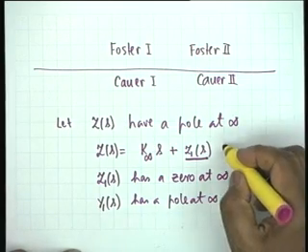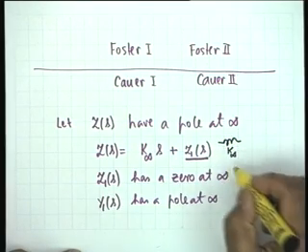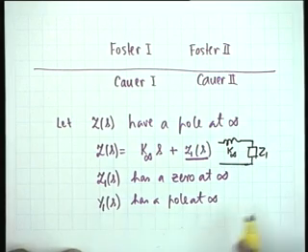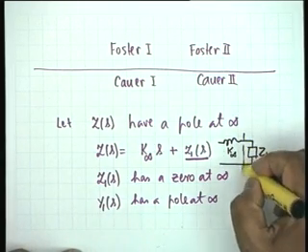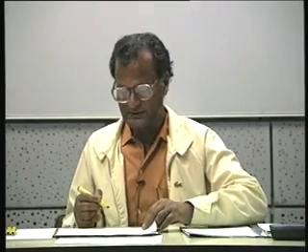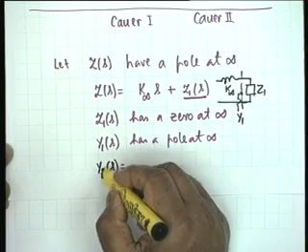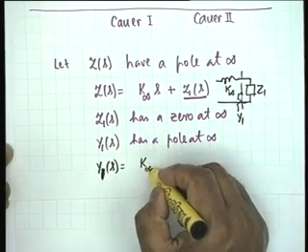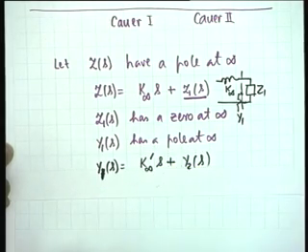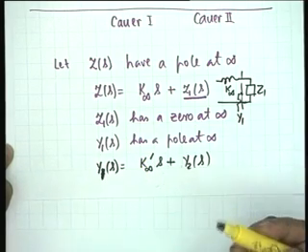Okay. Up to this there was a partial realization like this. We had a k infinity and the rest of the impedance was Z1. Now, Y1 of S has a pole at infinity, and therefore I can remove this pole and write Y1 of S equal to k infinity prime S plus Y2 of S, where k infinity prime is the residue of Y1 at S equal to infinity.